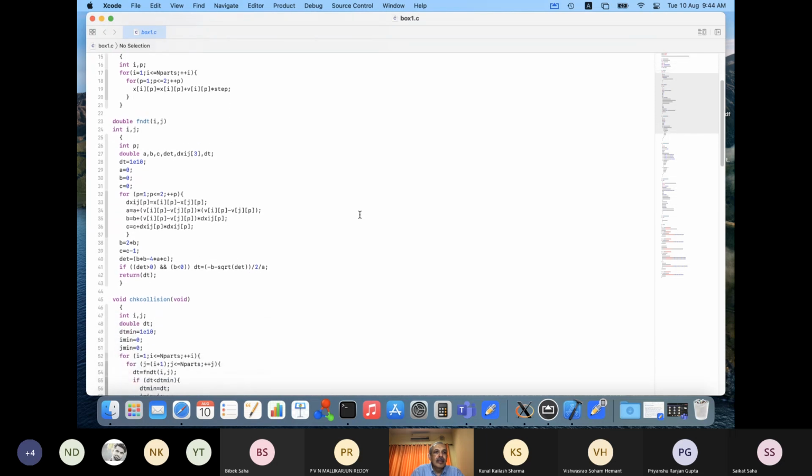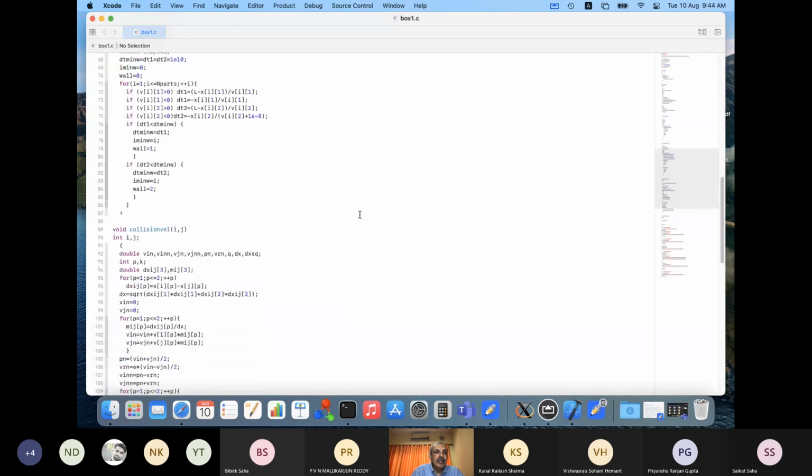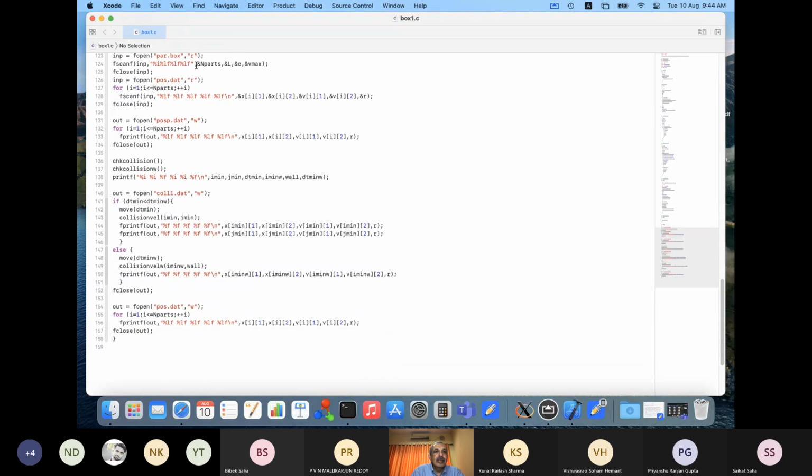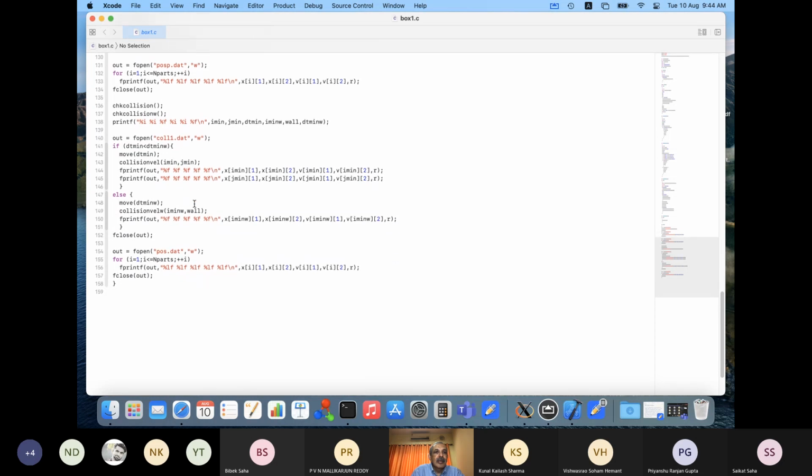As I explained, it essentially follows the same algorithm that I mentioned. It reads in the positions and velocities of the particles, then checks for collisions and calculates the minimum collision time. Then it prints out the pair that is colliding and the time, and then it moves all the particles by that amount of time.